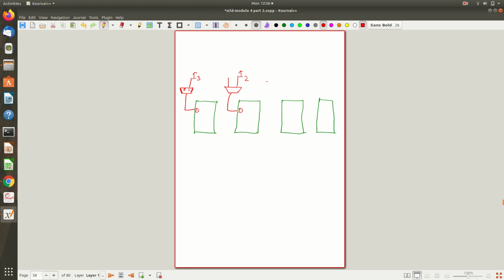Similarly I am using a multiplexer here also, the output of which I am connecting to this particular D. Now 2 inputs are coming, this will be I1. And here also I am having a D. This is the last bit.